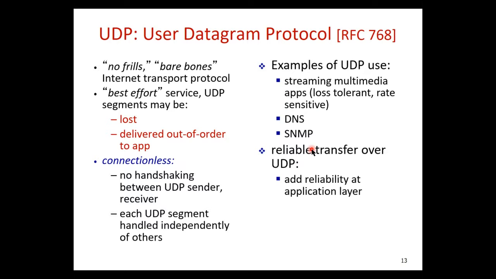That can very well be implemented at the application layer, and in that case we don't need TCP because the TCP reliability would be redundant. And if we do the reliability at the application layer, then we can better tailor the mechanism to the needs of the application. TCP is a one-size-fits-all mechanism, so it may not necessarily be the best choice.